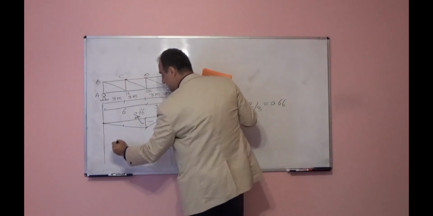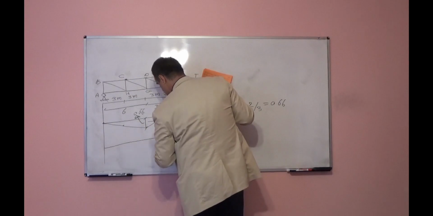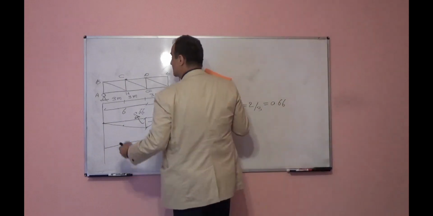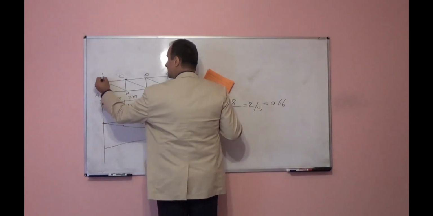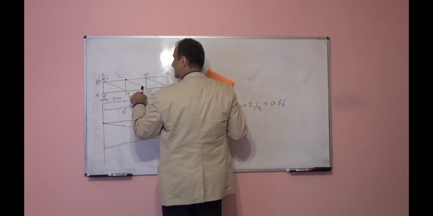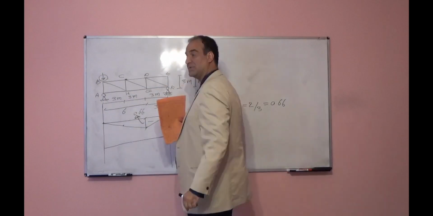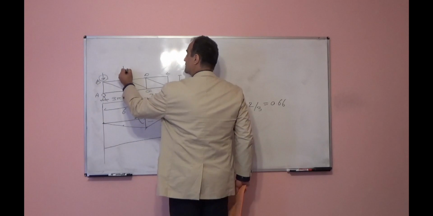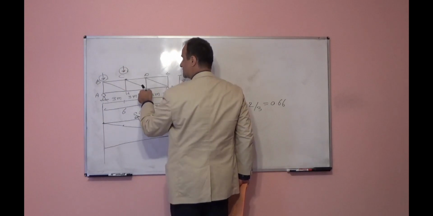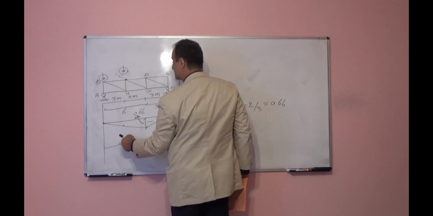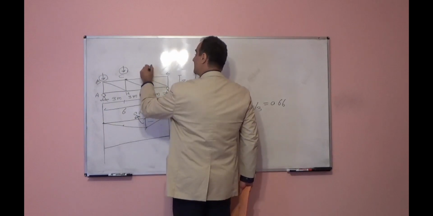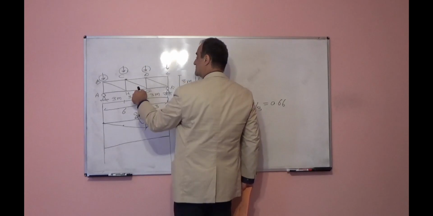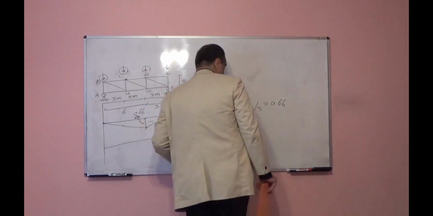Influence line for the member at G. If you want to draw the influence line for the member at G, one way again is to put the unit load here, find the axial force in the member at G, and show it here. Next time put the unit load here, find the axial force in this member, show it at this point. Put here, find the axial force, show here. Put here, find the axial force in this member, put here, and attach together.